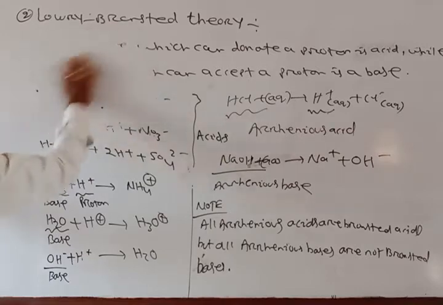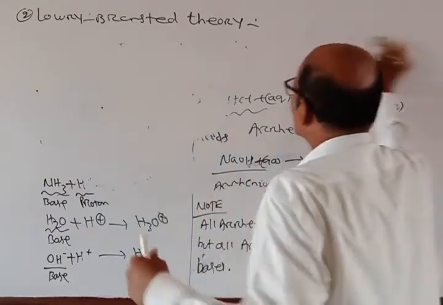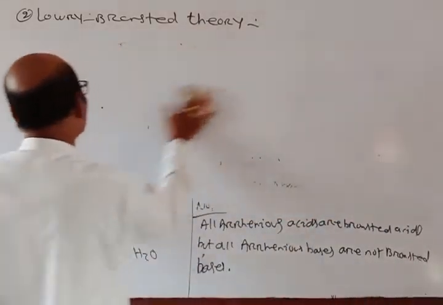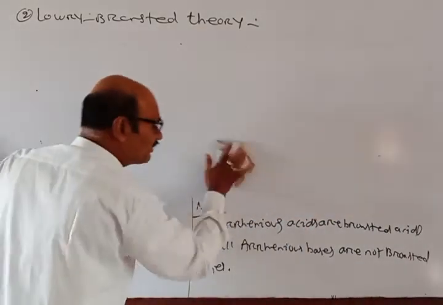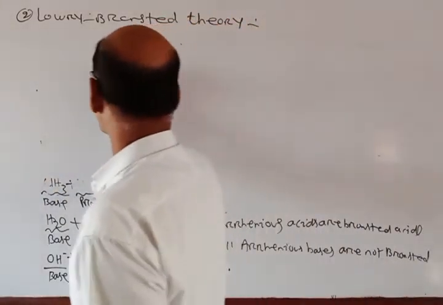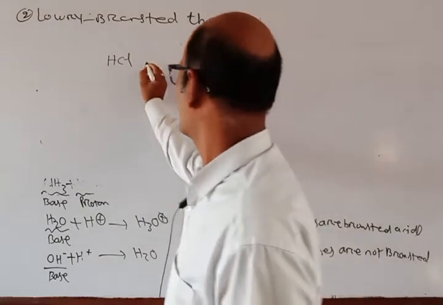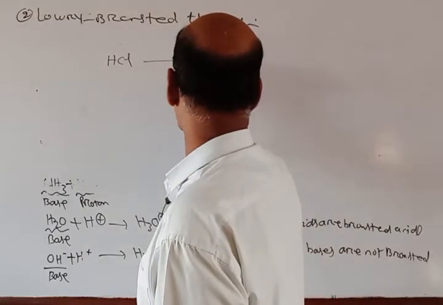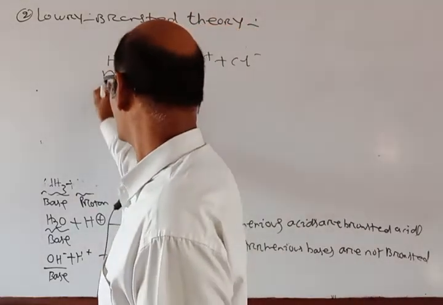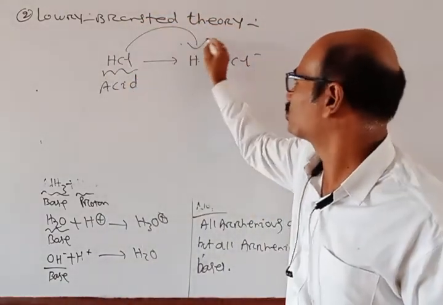Now see, in this Lowry-Bronsted theory, we have acids which can donate a proton and bases which can accept a proton. So the difference between the acid and the base is nothing but a proton only. Here you see, if I write HCl, it can give H plus and Cl minus, and this is an acid.